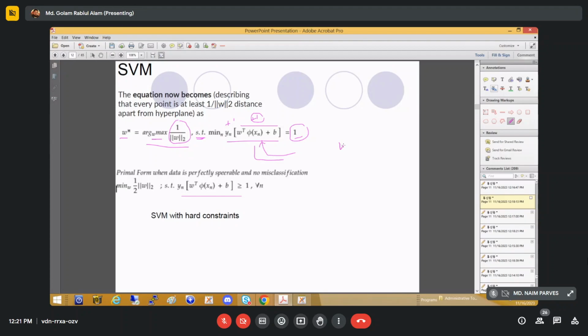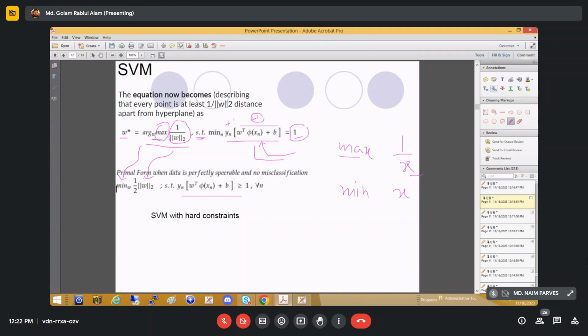The maximization of 1 by something, like maximization of 1 by x, is the same thing as the minimization of x. If we minimize x, then we will get the maximum of 1 by x. So that's why we can rewrite this equation this way.